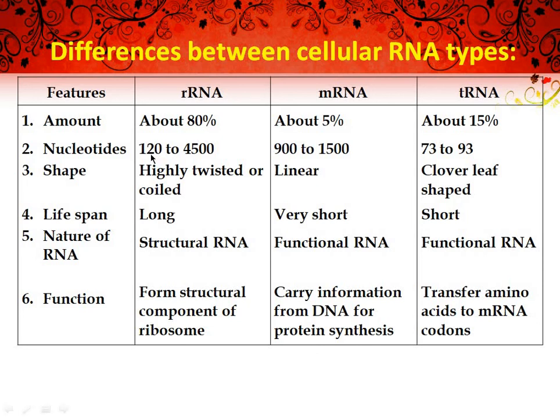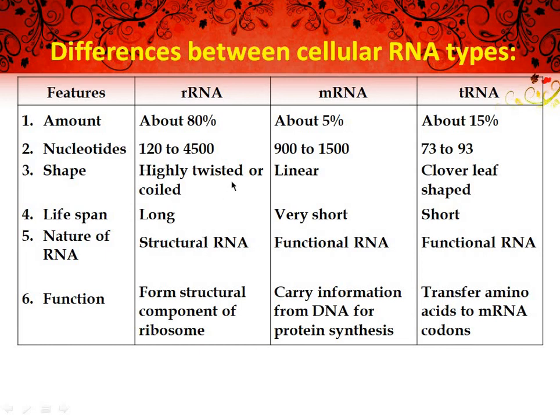Ribosomal RNA is made up of 120 to 4,500 nucleotides. mRNA is made up of 900 to 1,500 nucleotides, whereas the transfer RNA, which is the smallest form of RNA, is made up of 73 to 93 nucleotides.